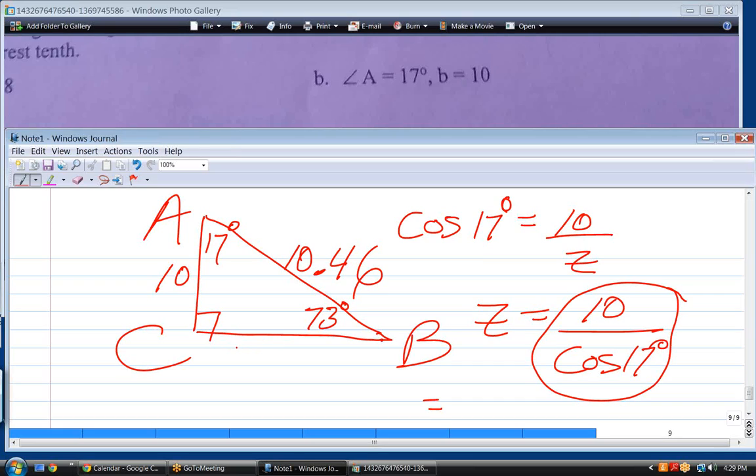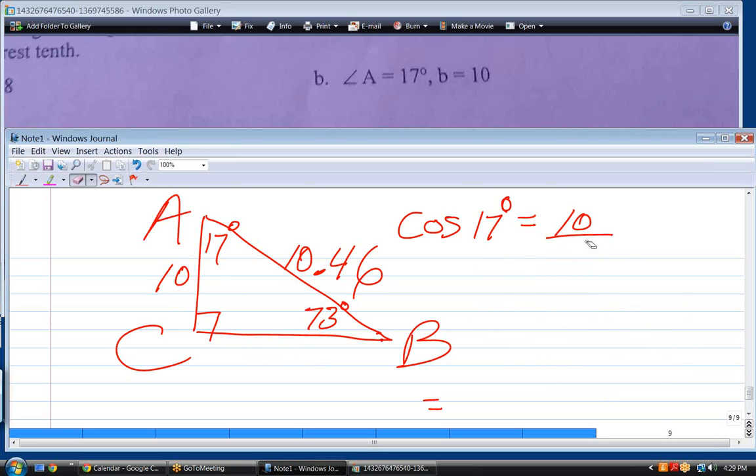And now we have to solve for this side. We have two choices for solving for the third side. We can either use the Pythagorean theorem or we can use a trig function. Choose a trig function. Give me the equation that I would write.